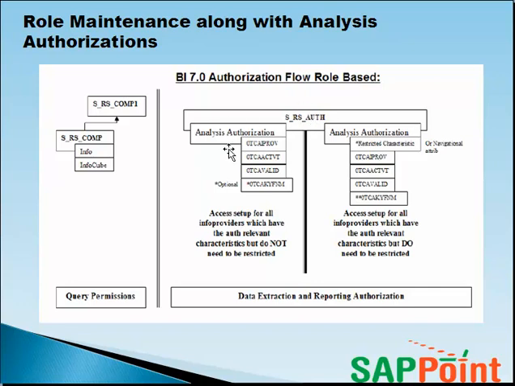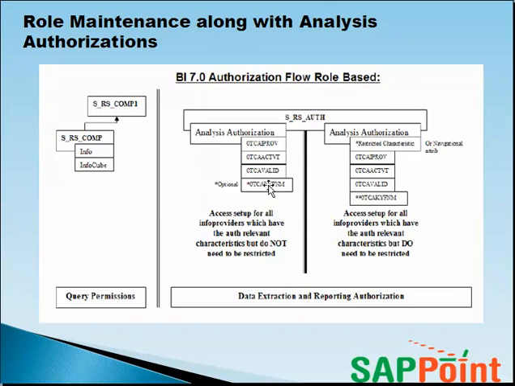Now, roles with pure menu functions are separated from roles that include authorizations. To build an analysis authorization, you need these 3 info characteristics, and these 3 characteristics have to be assigned to the user.